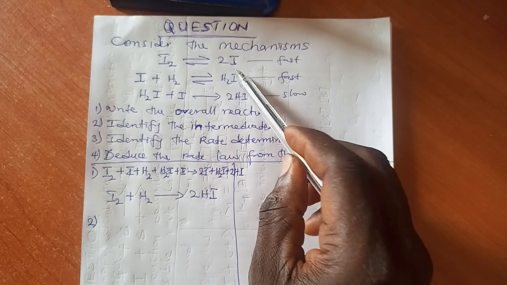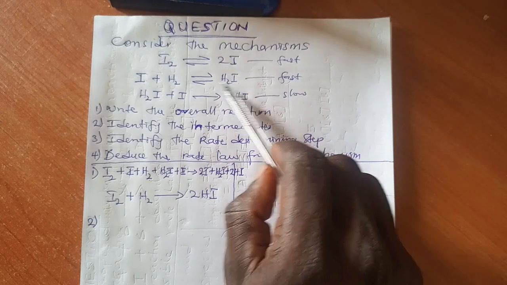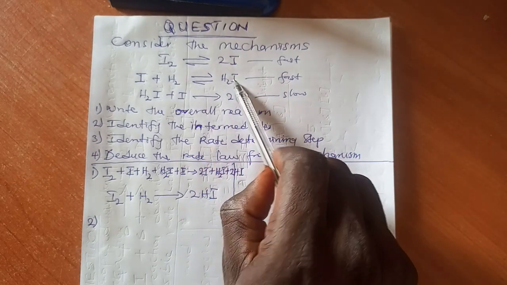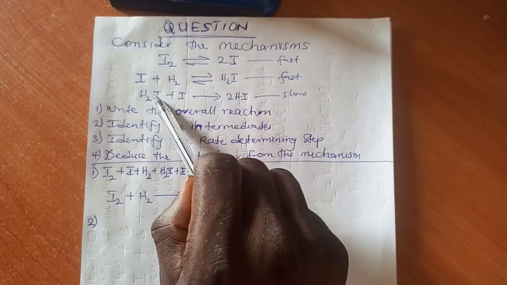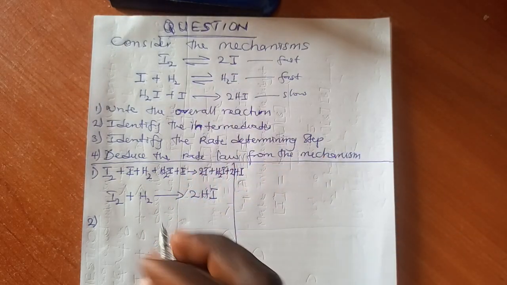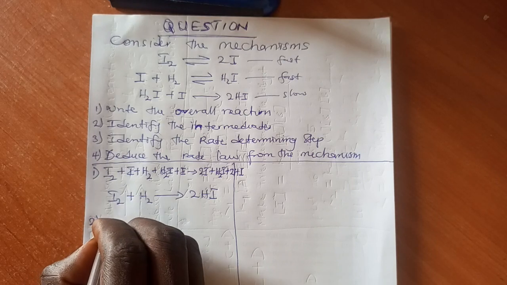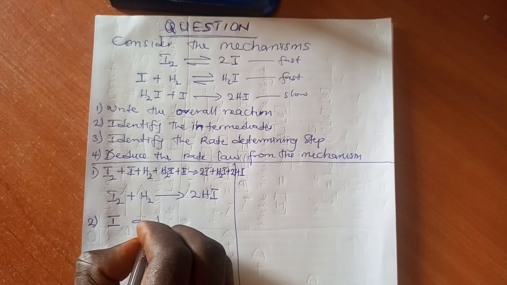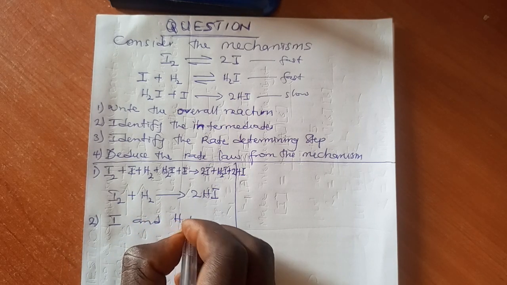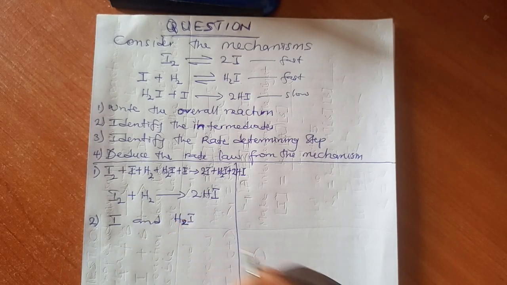Also, this is produced here and then consumed here. This is also an intermediate. So we have two intermediates for this reaction. The intermediates for question number 2 are I and H2I.